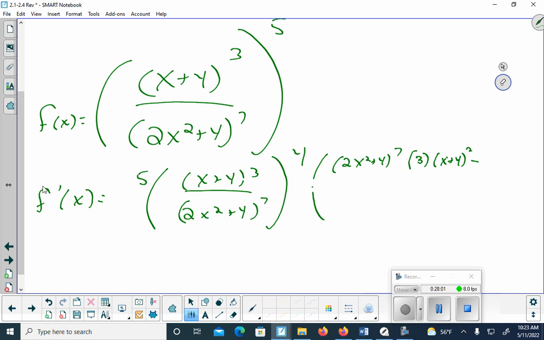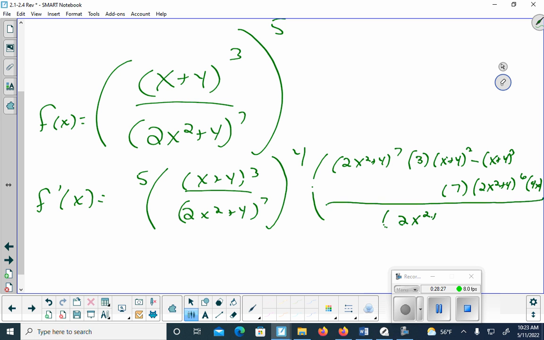Now I'm leaving that x plus 4 to the 3rd alone. Taking the derivative of the denominator, so that's going to be, I'm going to write here 7. Then 2x squared plus 4 raised to what power? 6. And then multiply it by the derivative of what's inside, which would be 4x. And this is going to be all over my denominator, which is going to be that 2x squared plus 4 squared.